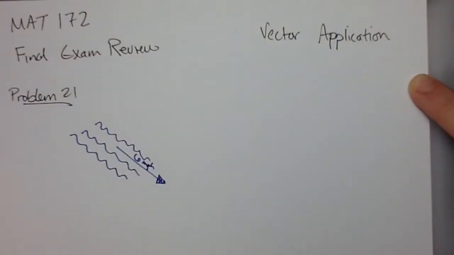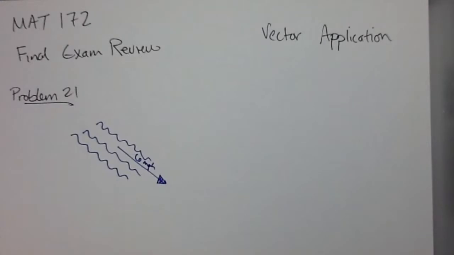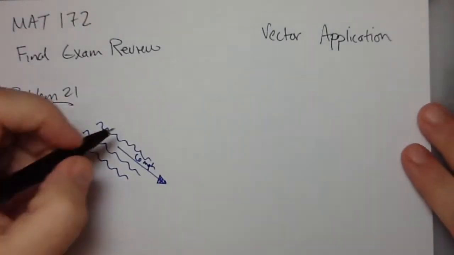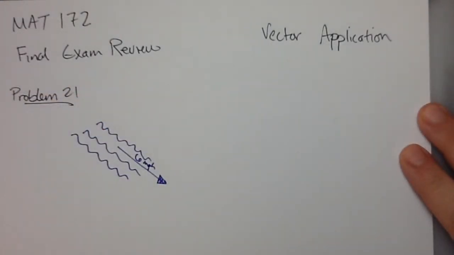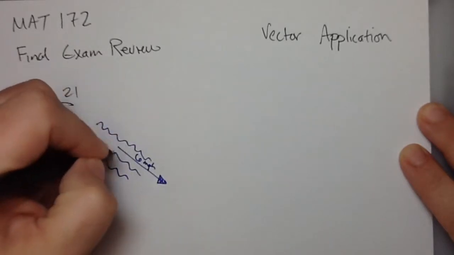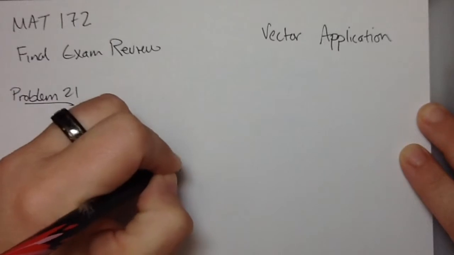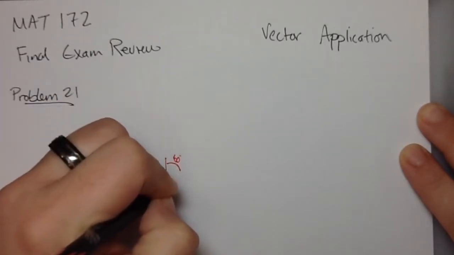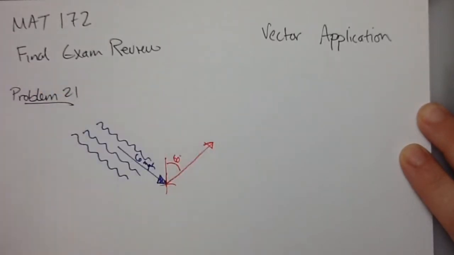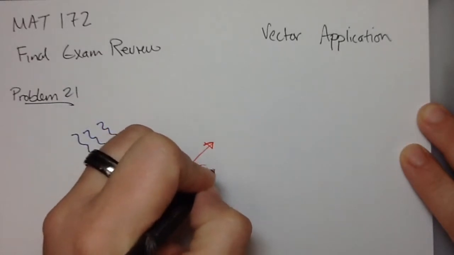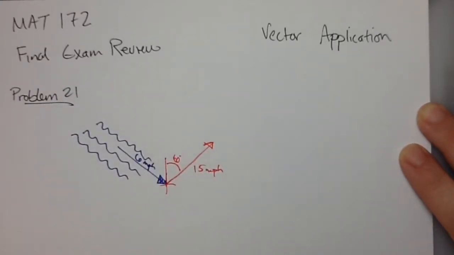Right, and then into this river we put a motorboat that's traveling at 15 miles an hour at this bearing, north 60 degrees towards the east, at 15 miles per hour. And we're asked to find the true velocity of the boat.